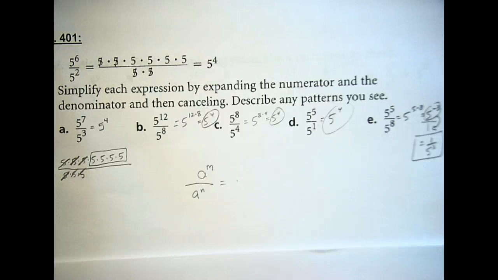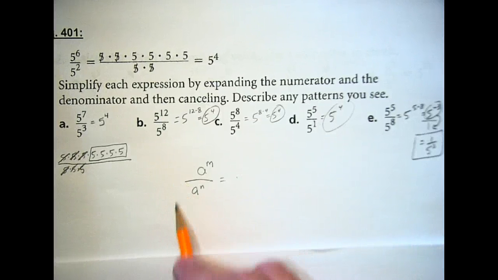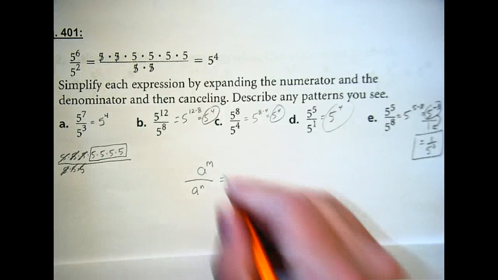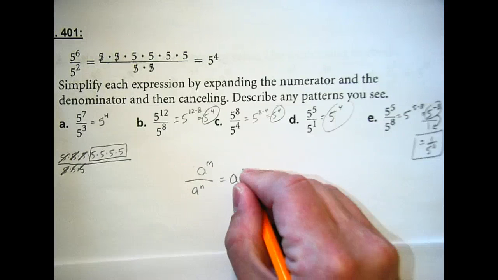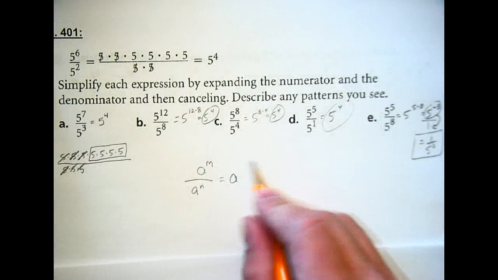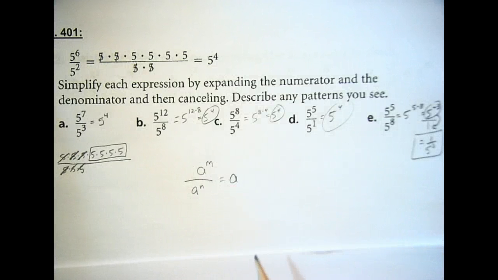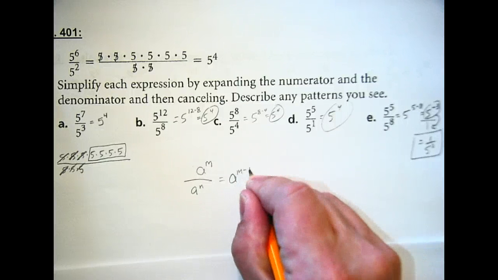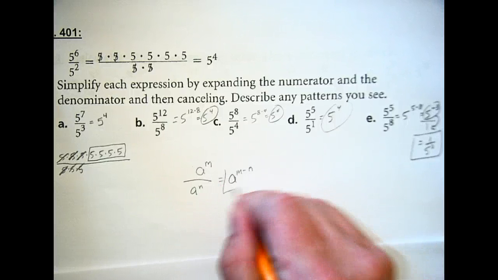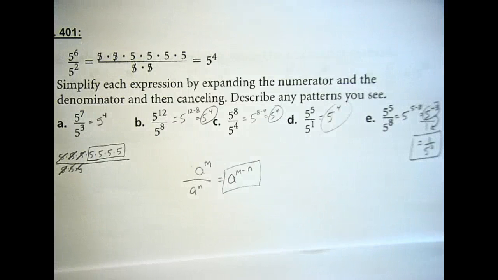It's a tough one. What's our base going to be? It's going to be a. What is my power going to be? Minus n. Yeah, m minus n. Good. A to the m minus n. Well done. You're just subtracting the two.